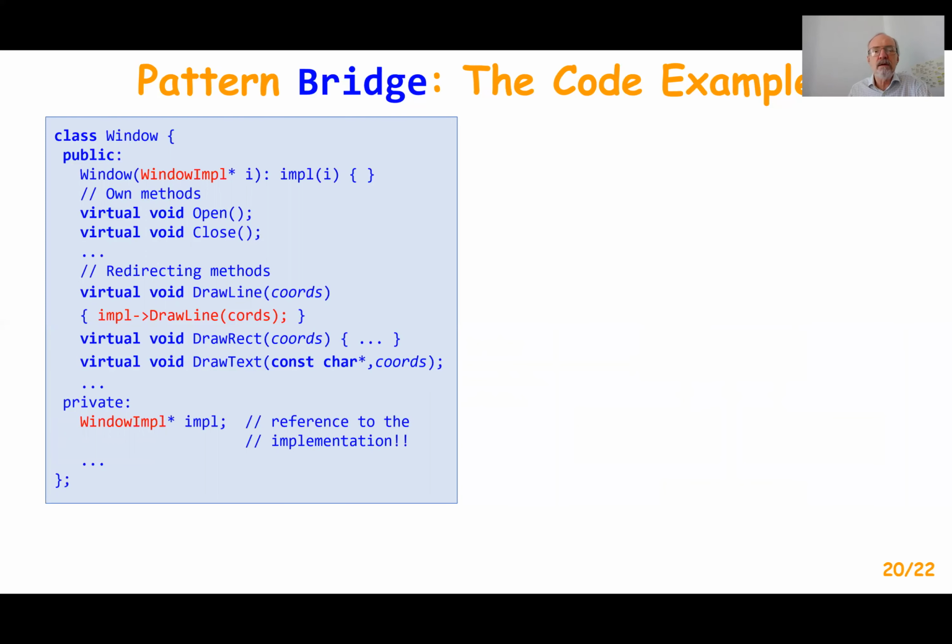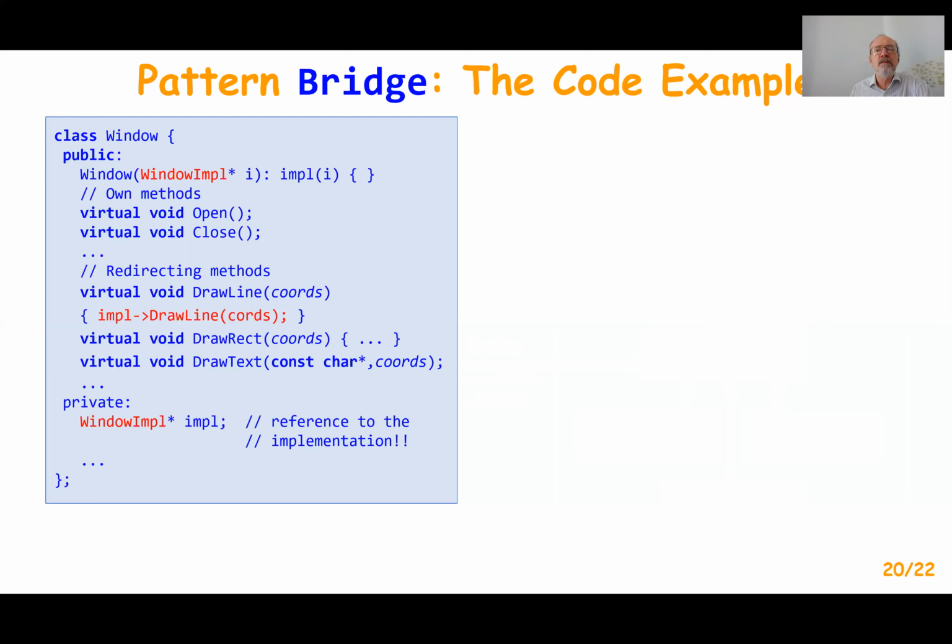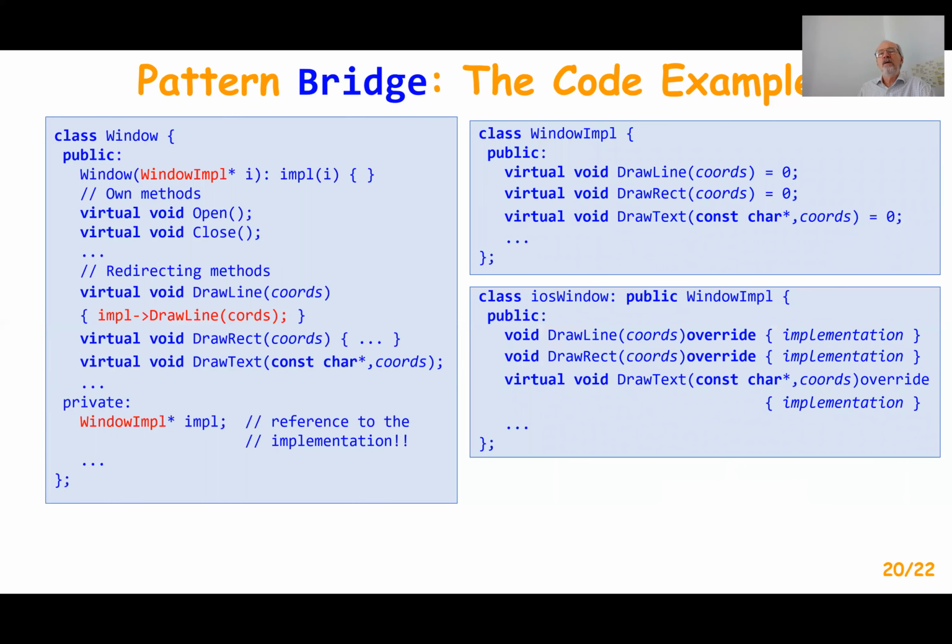Window implementation is the topmost element of the implementation hierarchy. Okay, and what is implementation? Look, the topmost class from the right-hand hierarchy is window impl. It is an abstract class. It contains a set of pure virtual functions: draw line, draw rectangle, draw text, etc. They are defined as pure virtual because this is the abstraction of implementation.